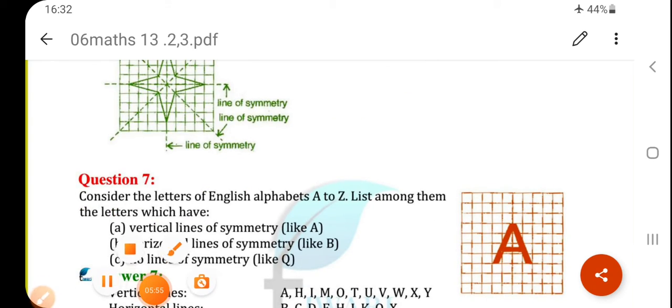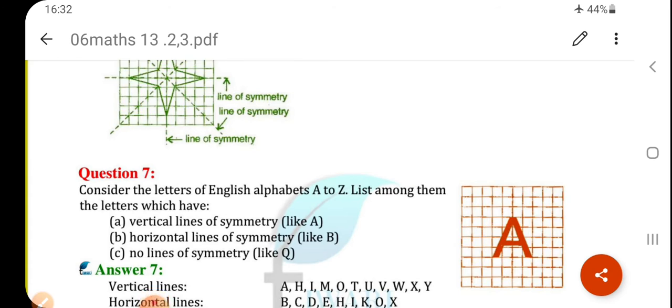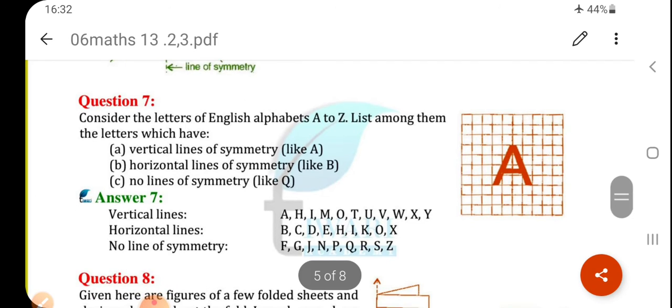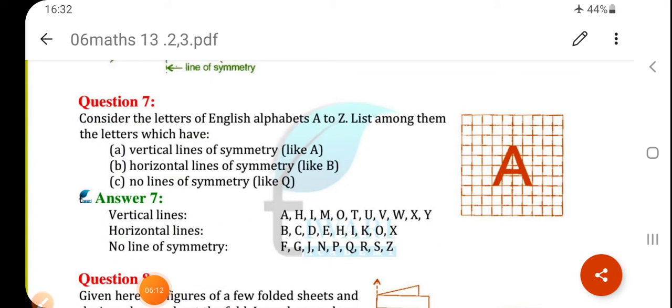Now, question number 7. Consider the letters of the English alphabet A to Z. List among them the letters which have vertical lines of symmetry like A, horizontal lines of symmetry like B, and no lines of symmetry like Q. First of all, you have to write down the alphabets A to Z in your rough notebook or fair notebook, and try to think which kind of line of symmetry is possible.